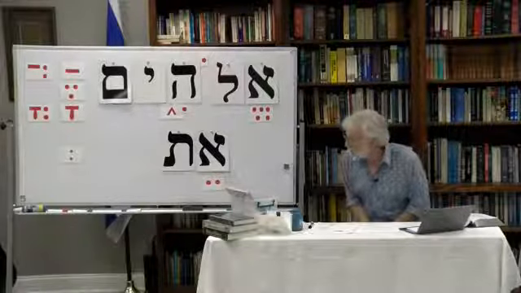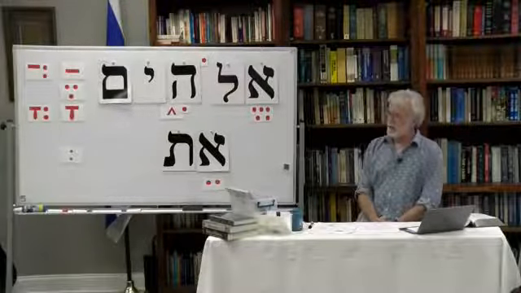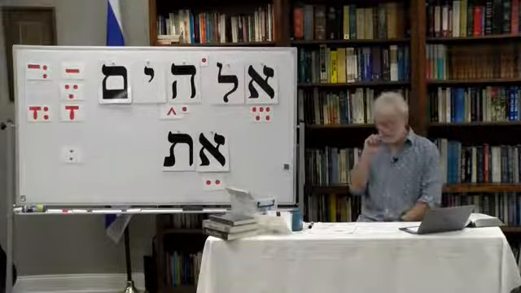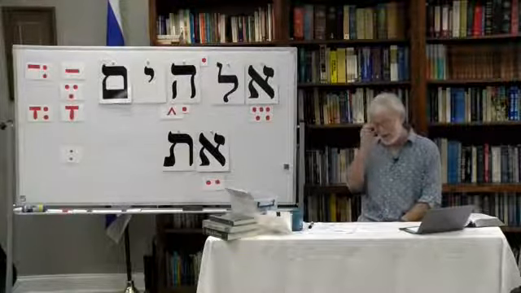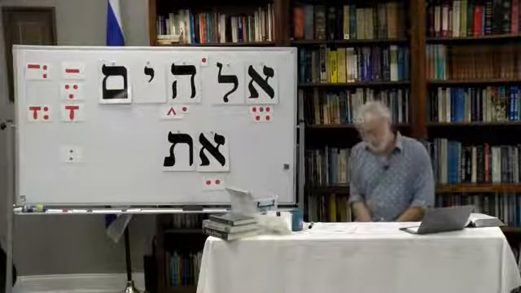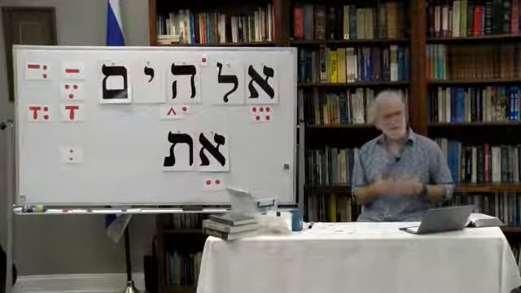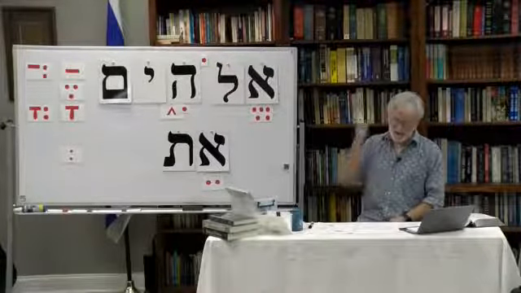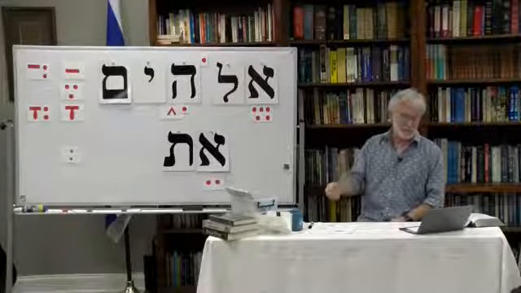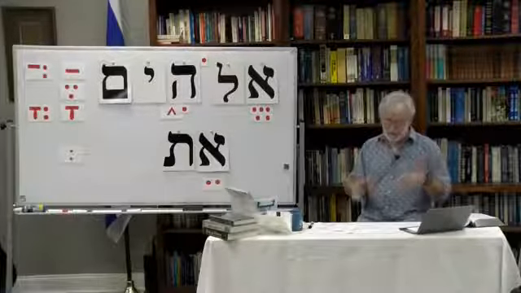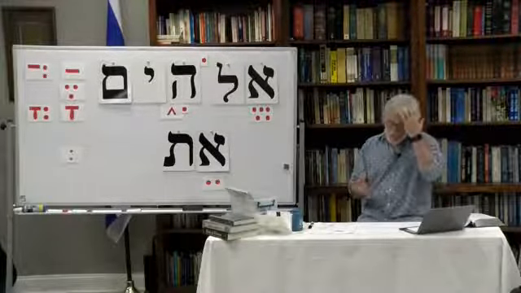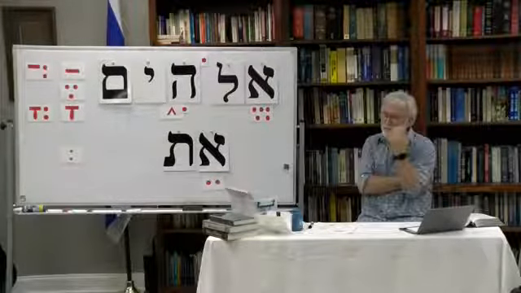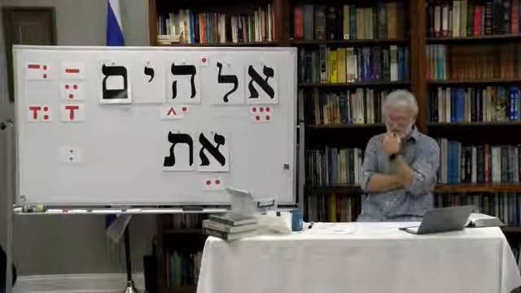A direct object, for those who don't know, most of you probably were excellent students in school and know this already, is a word representing a person or thing upon which the action of a verb is performed. All right?